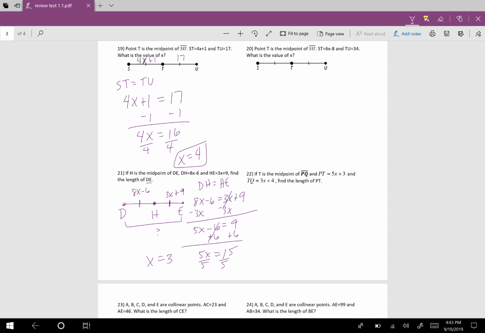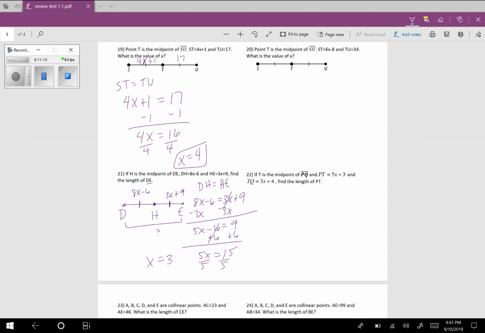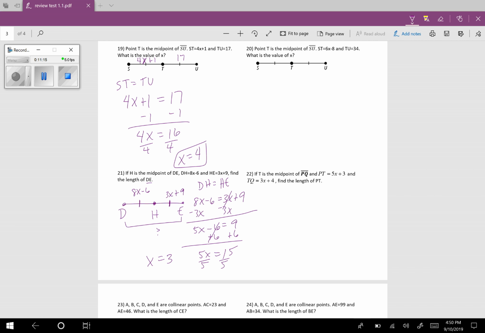Okay, and then in order to get DE, we're going to plug in here. So we have that x is 3, and so now we can plug in and find the length of DE, because DE is going to be DH plus HE. So we plug into both of these and then add it together. So we do 8 times 3 minus 6.